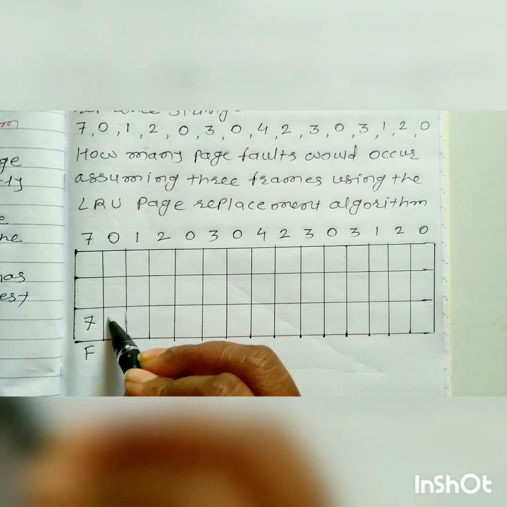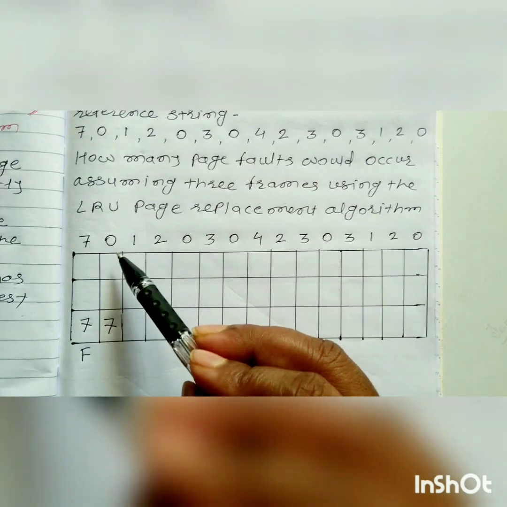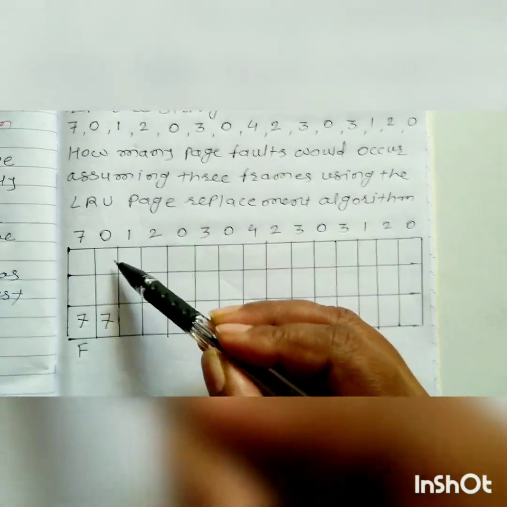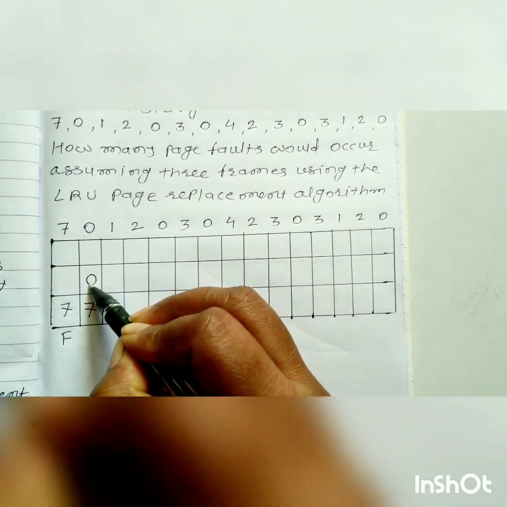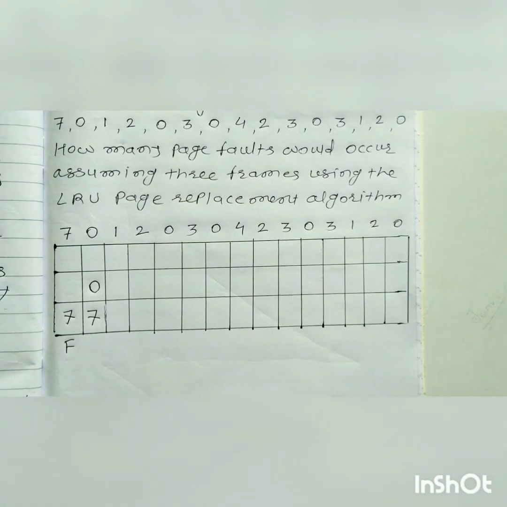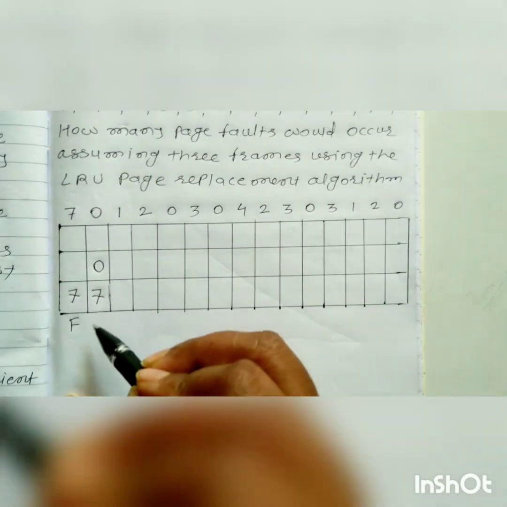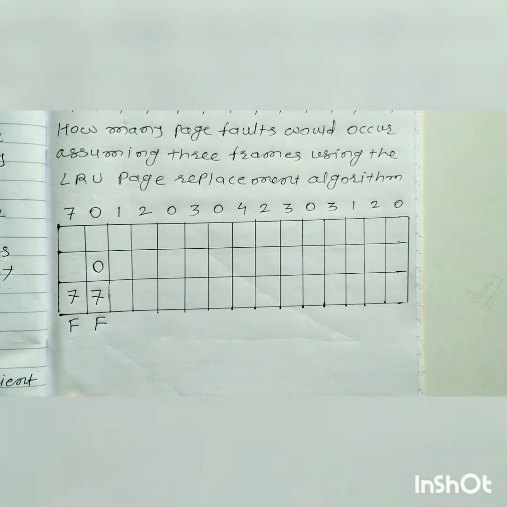Okay, so the next page you have to insert in the main memory is 0. Since the other 2 frames are still empty, we can simply place this 0 in the second frame, and this 0 is not already there in the memory, so again this is a page fault.